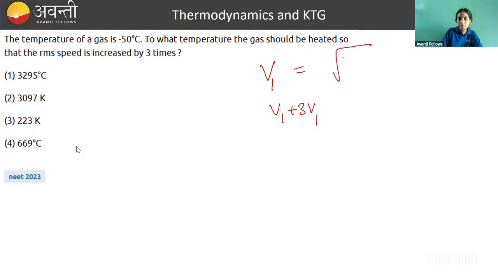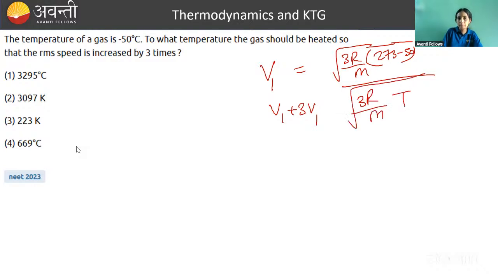So here you will write 3R by M, 273 minus 50, right? Divided by 3R by M root under in temperature T. Okay. So 1/4 is equal to 273 माइनस 50 करोगे कितना जाएगा?